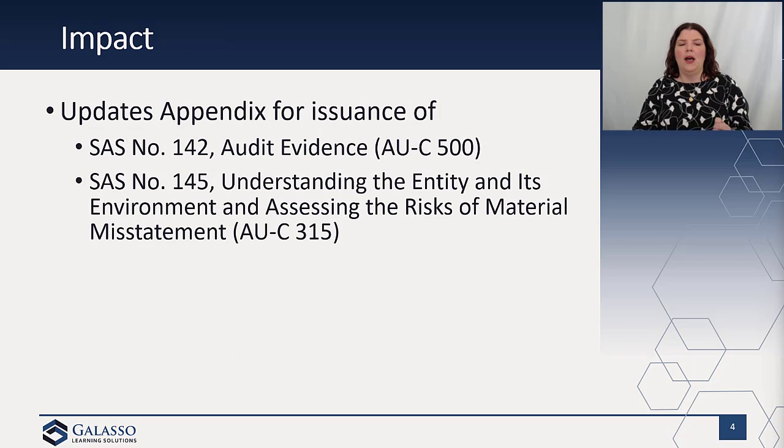Oddly, I don't know why, when they issued SAS 142 and 145, which is AUC Section 500 and AUC Section 315, they didn't give edits to the appendix. And so if you look, they made changes to a lot of the paragraphs. There's new numbering. 315 is a little bit longer now.